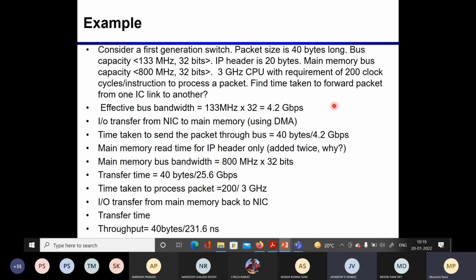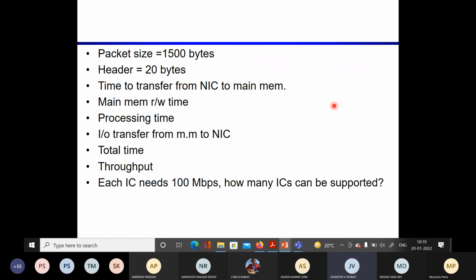Okay, now let's get to this one. Here too we are saying 200 clock cycles per instruction to process a packet's data. So if you are sending that header of 20 bytes, that will not be a problem. It will still be done in one instruction itself, so there should not be any confusion. The only change is you have a 1500 byte packet size with 20 bytes of header.